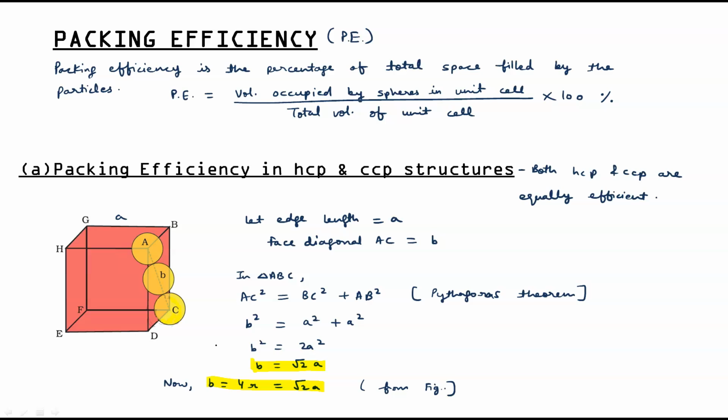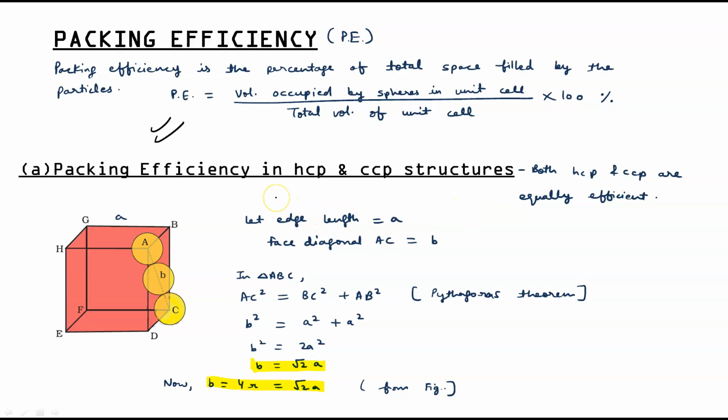So it is basically the percentage of total space occupied by the particles. The formula of packing efficiency is the volume occupied by the spheres in the unit cell divided by the total volume of the unit cell, into 100. That comes out in percentage.